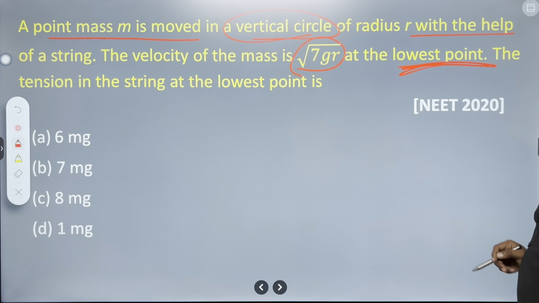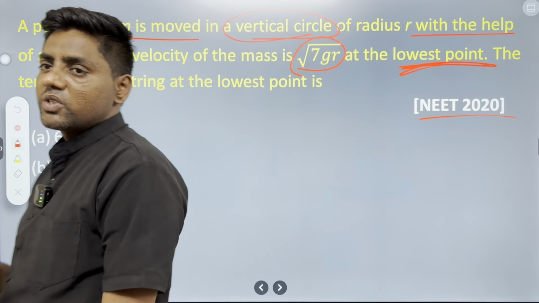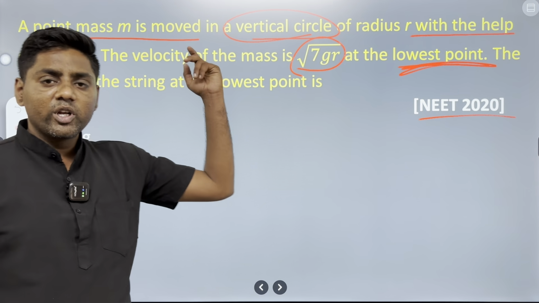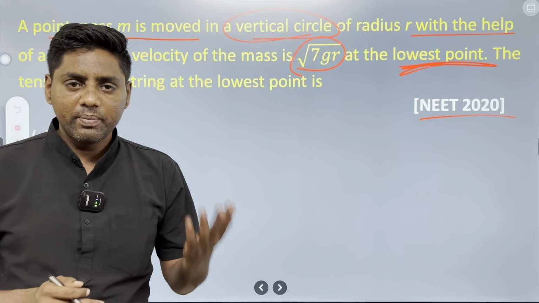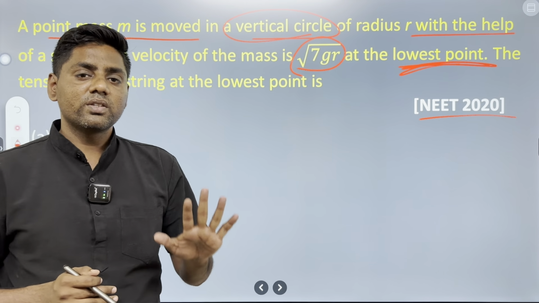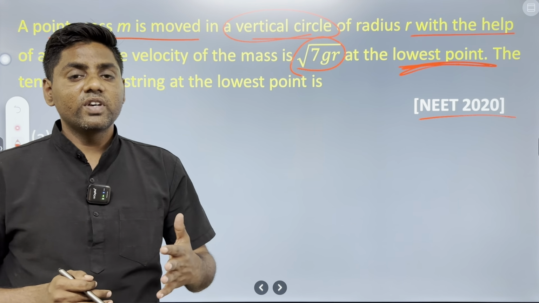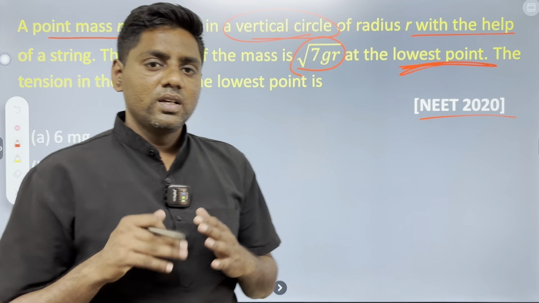The tension in the string at the lowest point is? This question was asked in NEET 2020, and it is based on the vertical circle. I have already made a separate lecture on the vertical circle; go there and understand it well. Only 7 formulas you have to remember. If you know the 7 formulas, you can definitely solve any question on the vertical circle.